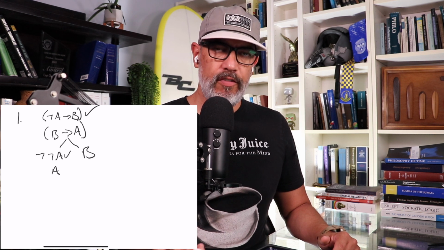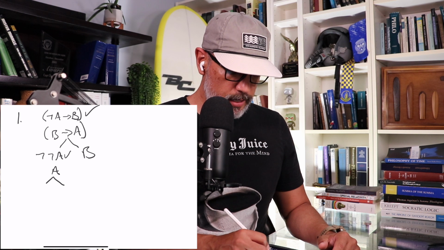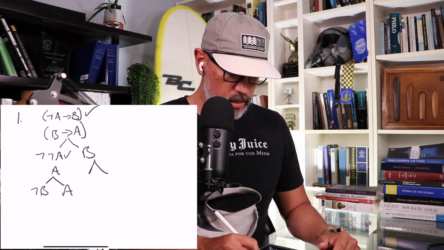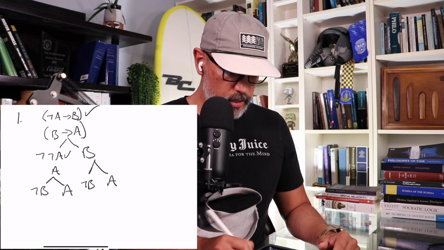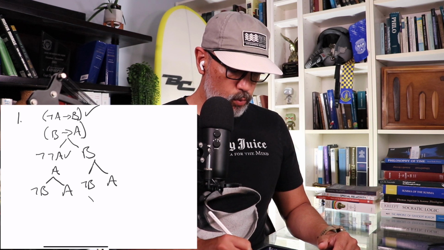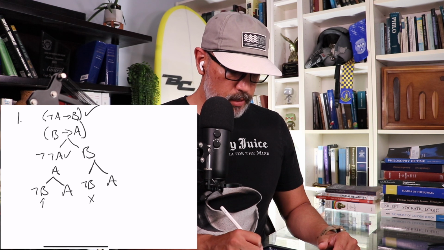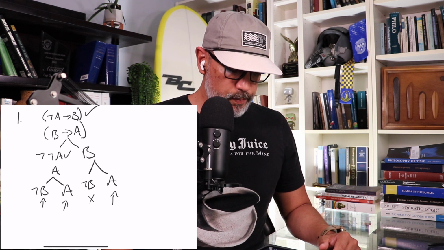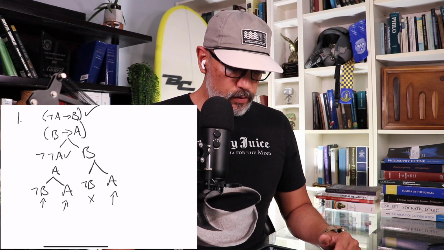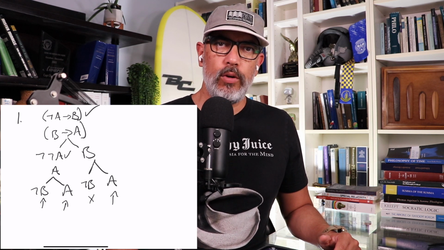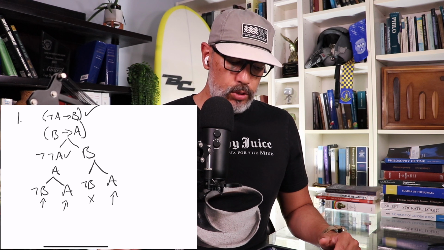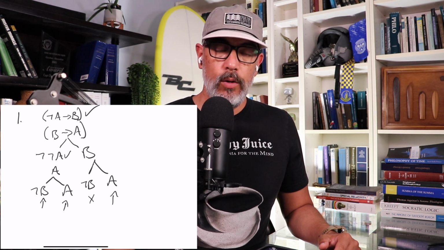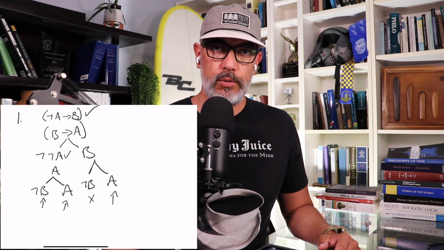And then we have the if B, then A. And that splits off like so, not B, then A. And it looks like we have one branch close off, and the rest of the branches are open branches. So it looks like when A is true and B is either true or false, then these propositions are satisfiable. So since these propositions are satisfiable, we know that we don't have contraries or contradictories.